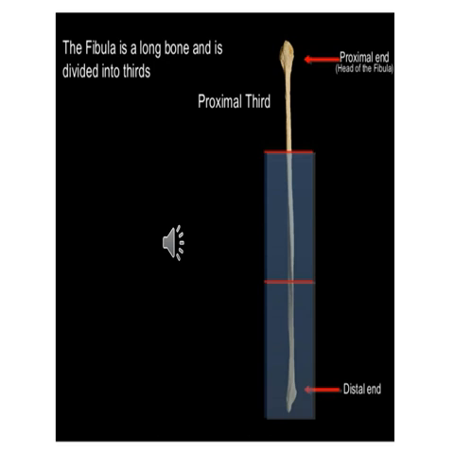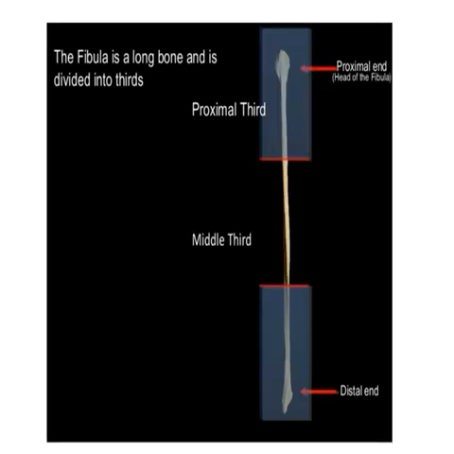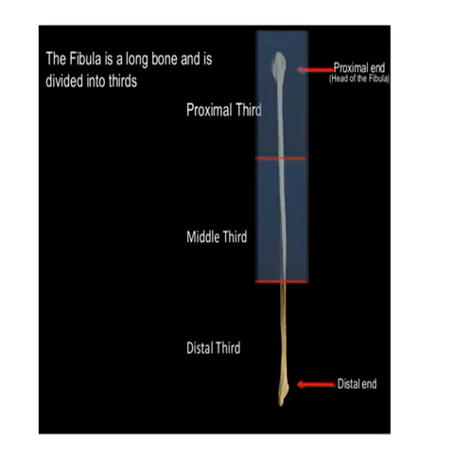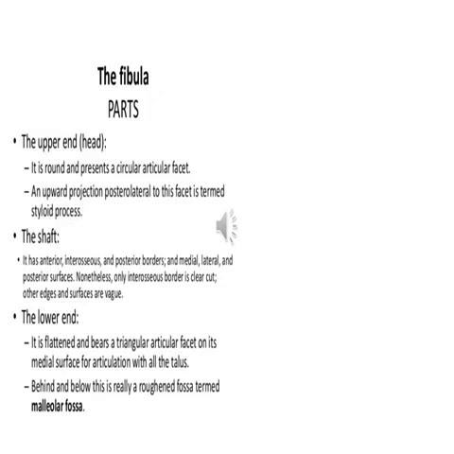The fibula can be divided into thirds, that is the proximal third, middle third and distal third. The fibula has three parts, that is the upper end or head of the fibula, then there is a shaft and the lower end.